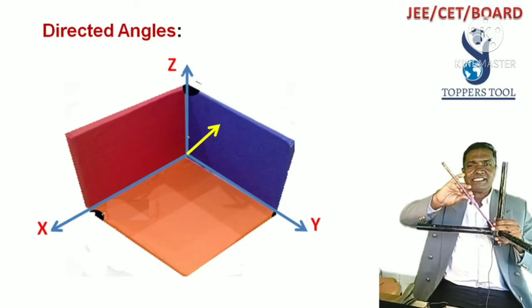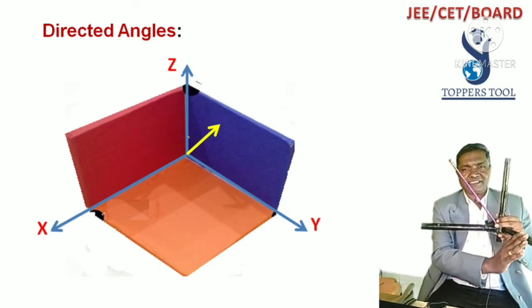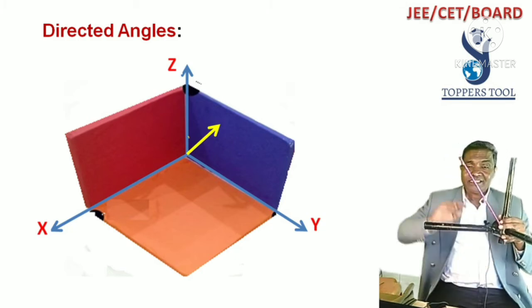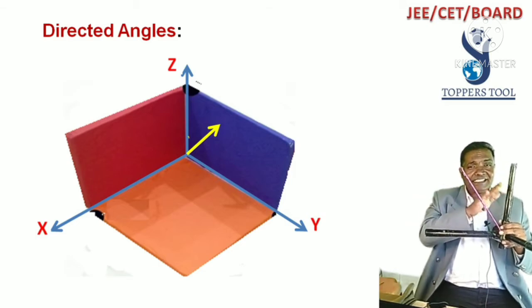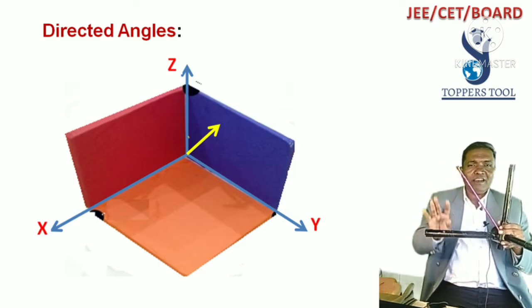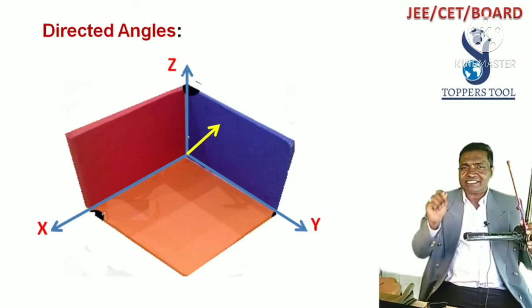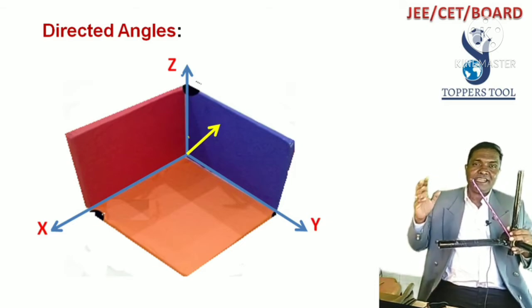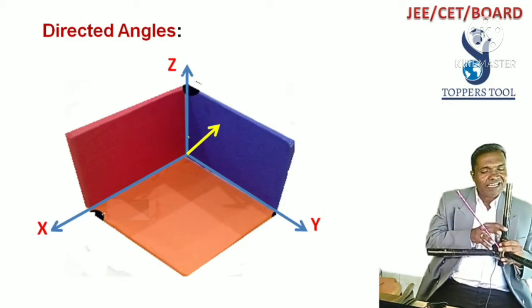Similarly, this line makes an angle beta with the y-axis, and the angle between this line and the z-axis is called gamma. So if a line makes alpha, beta, gamma with coordinate axes x, y and z respectively, then alpha, beta, gamma are called directed angles of the line.